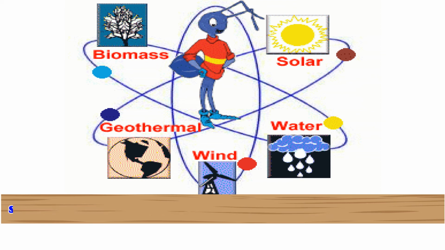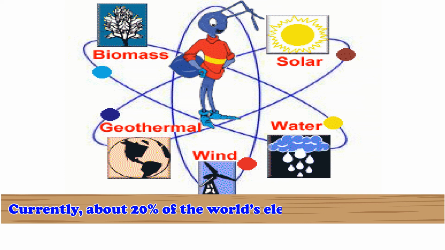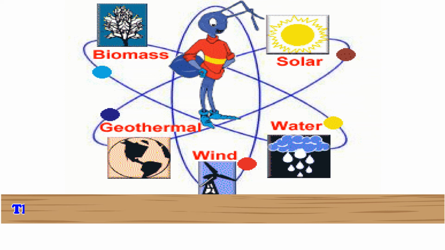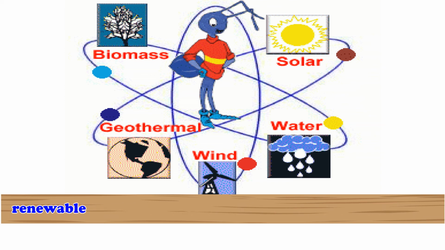Examples include solar, wind, biomass, and hydropower. Currently, about 20% of the world's electricity comes from renewable sources. There is a global debate as to whether geothermal energy is renewable or non-renewable.